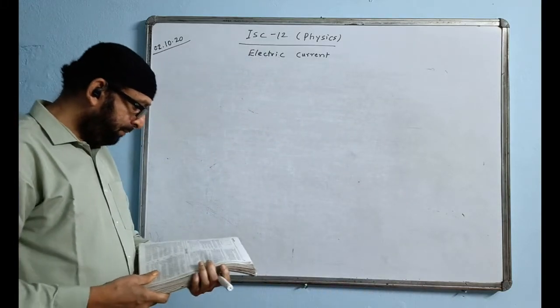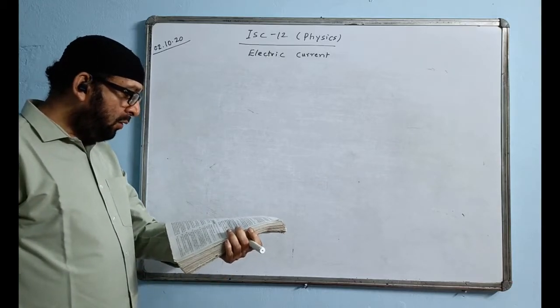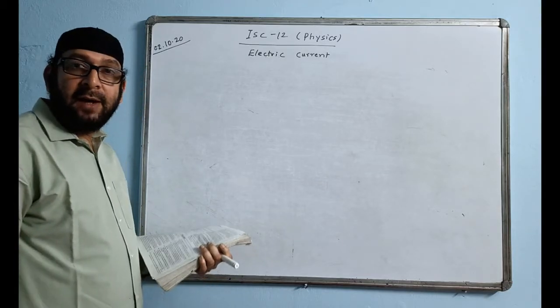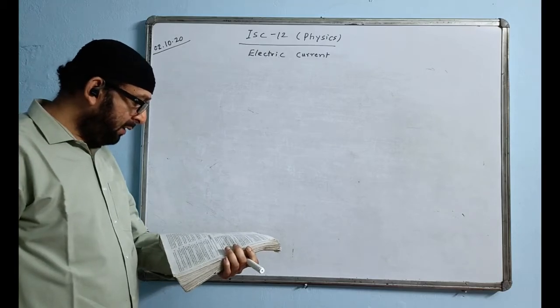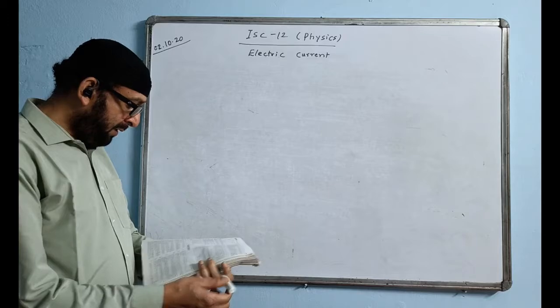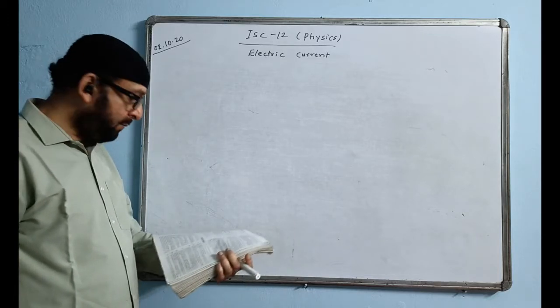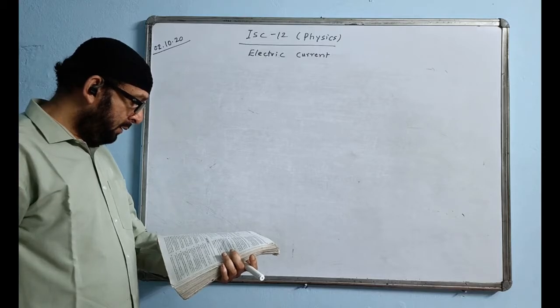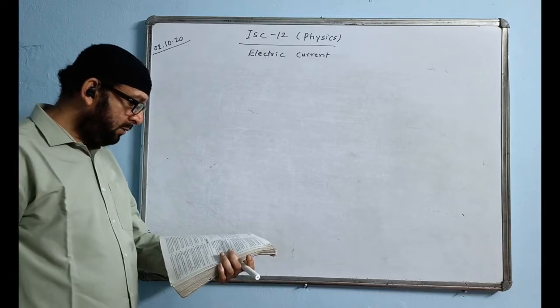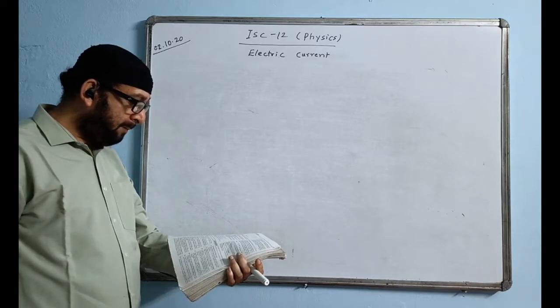Question says, find out the resistivity of a conductor in which a current density of 2.5 ampere per meter square is found when an electric field of 15 volt per meter is applied on it.